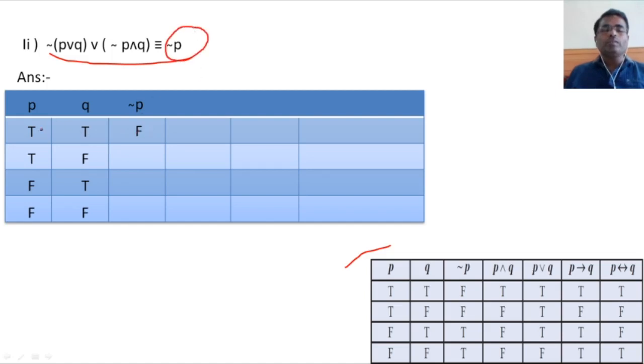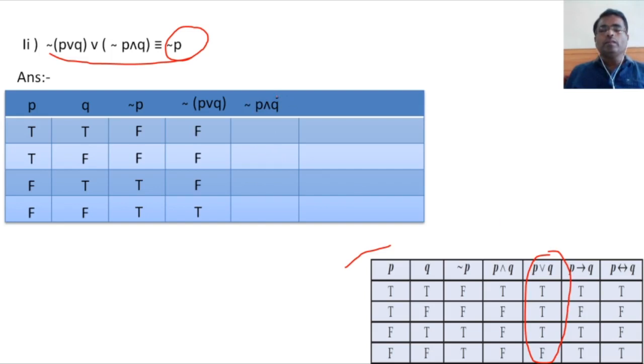If P is true true, false false, then negation P is false false, true true. Then we have to consider negation of P or Q. P or Q is already here: true true true, false. So what is its negation? It is false false false and true.